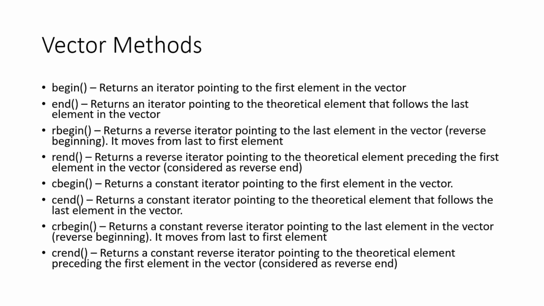Cr end returns a constant reverse iterator pointing to the theoretical element preceding the first element, right? So anytime you see an end, whether it's a reverse end, a regular end, or a constant end, it's always one element off.